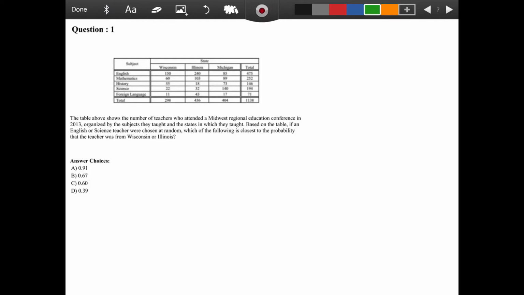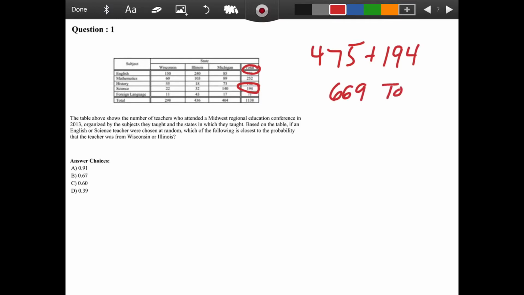And I know that it's a little blurry, but we can clearly see there are 194 science teachers and 475 English teachers. So we're going to add those together. And we get that there are 669 total English and science teachers.